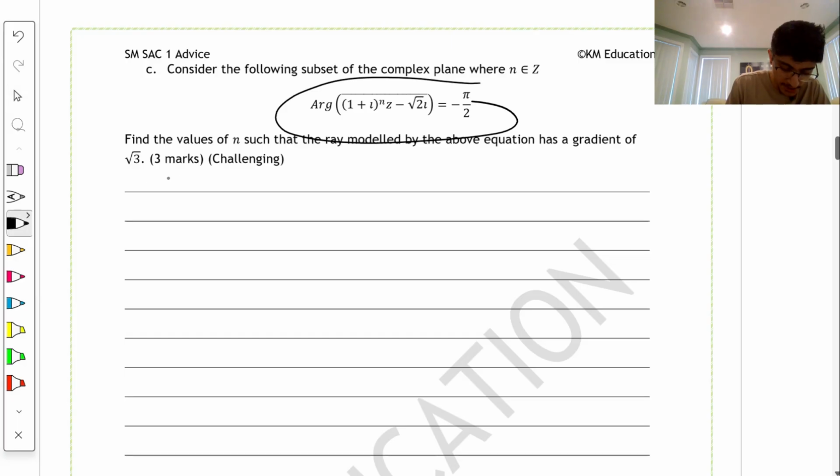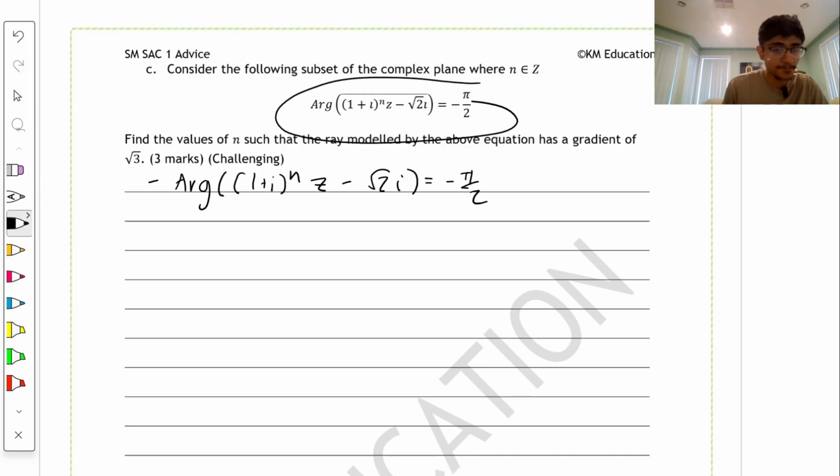I get minus arg((1 + i)^n (z - √2 i)), and that's equal to minus π/2. You can simplify that by removing the negative sign. And again, I'm just going to factorize out that (1 + i)^n.